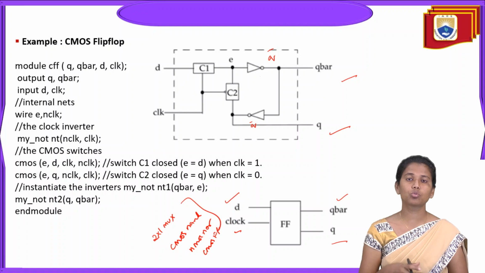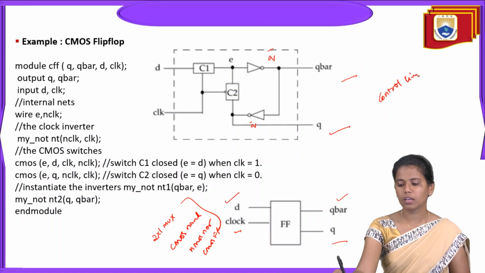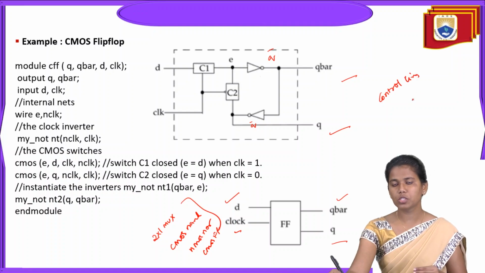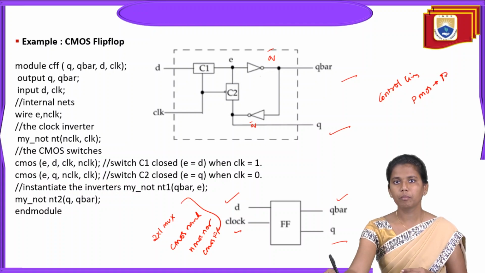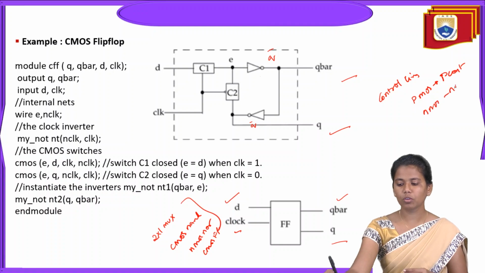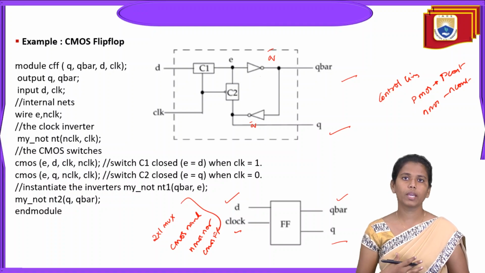So in the port list, always remember that in the switches you have the control signals, control lines. Right? So if you're considering the PMOS switch, then the control line should be P control. And if you're considering the NMOS switch, then the control line goes with N control. So based on the control lines, the output is on or off. That is what we can observe.